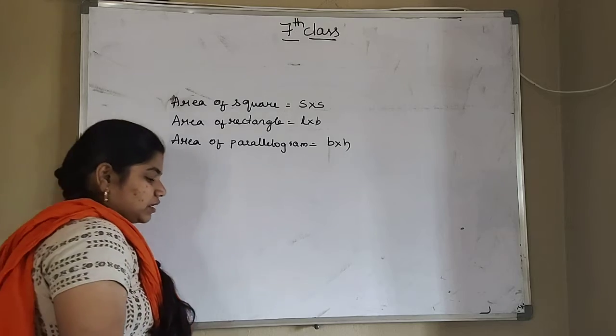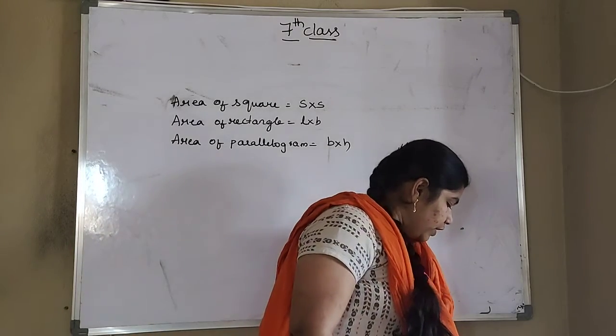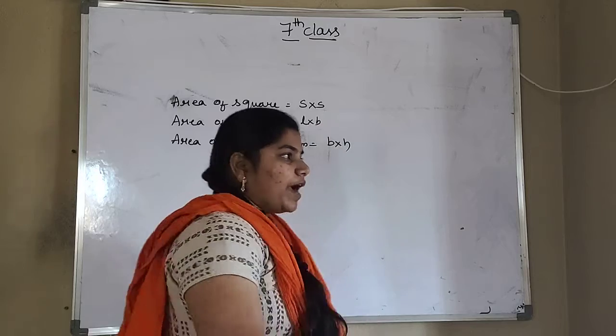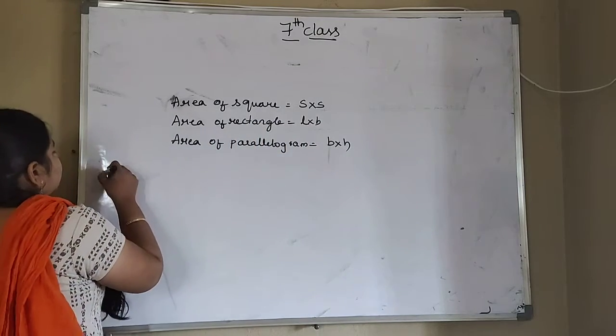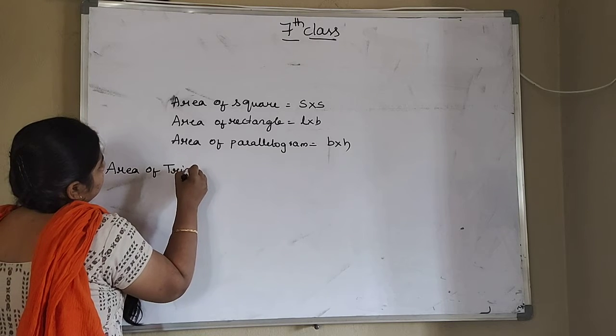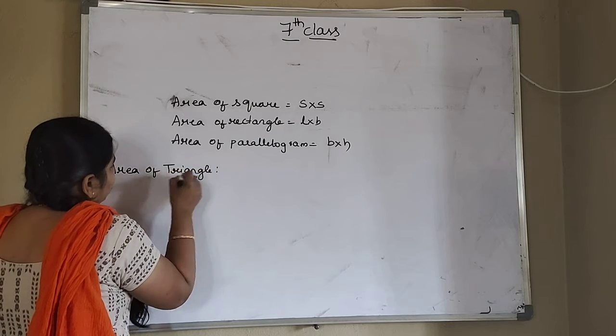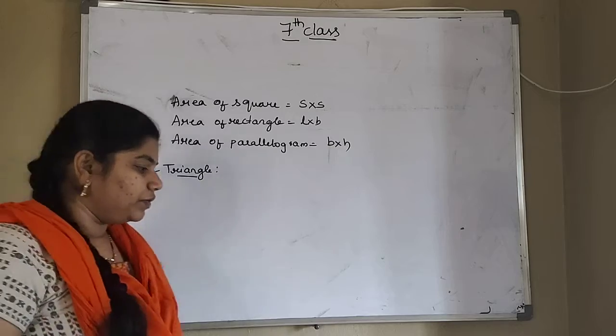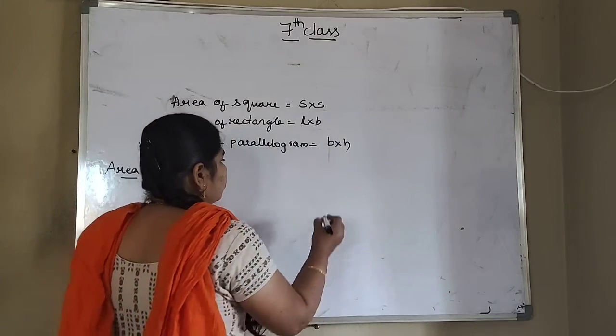Now we are discussing the area of a triangle. How to find the area of a triangle, we will see. How we got this area of a triangle formula, we will see. I am taking one parallelogram here.